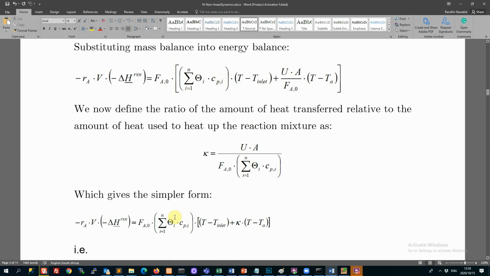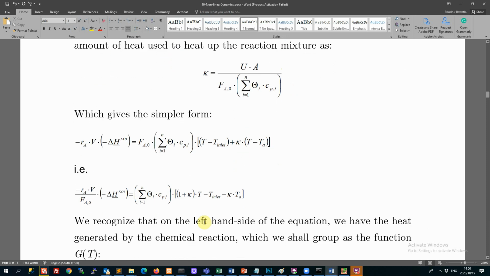So we take that theta CPI out as a factor. That leaves us with T minus T inlet. And then that gives us here UA over FA naught sum theta I CPI. So we can replace that by the kappa there. So that's kappa, so that's there. And then the left-hand side stays as it was. Okay, and then you can regroup this slightly differently also. So you could group out in terms of temperature.